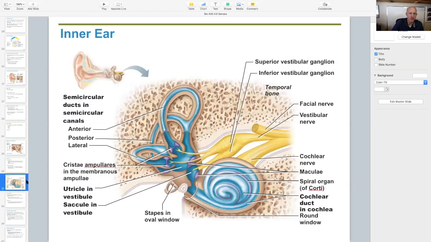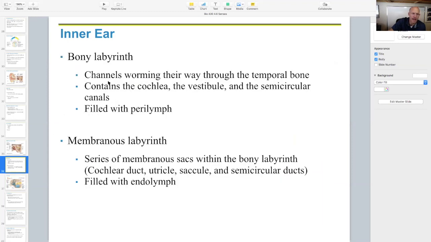Okay, so let's look at this. Here, let's look at the vestibular portion first. Here is the vestibule. So let's go back to the bony labyrinth. The bony labyrinth contains, worming their ways all the way through the temporal bone, the cochlea, the vestibule, and the semicircular canals. And it's filled with what we call perilymph.